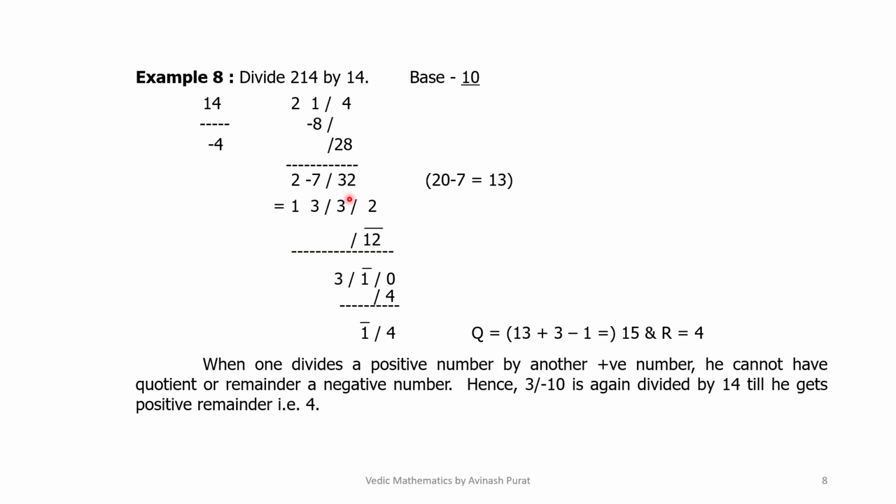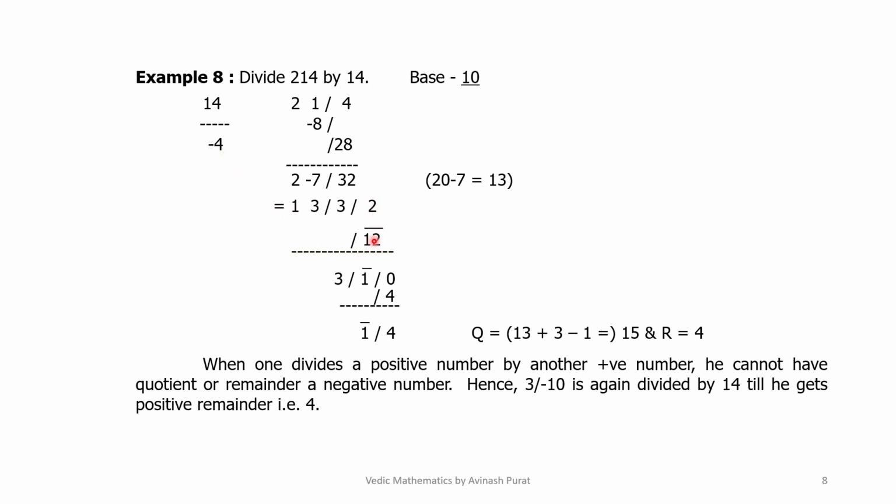Now 2 minus 7, that is 20 minus 7 is 13, and 32, 3 is taken down. 3 multiplied by minus 4 is minus 12.